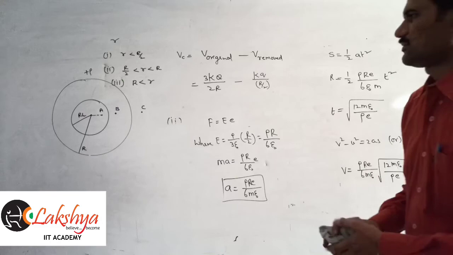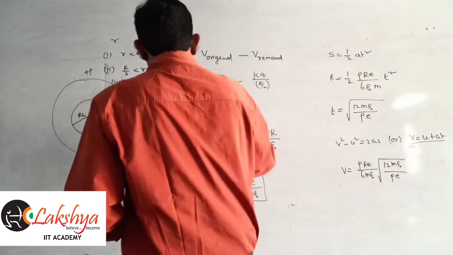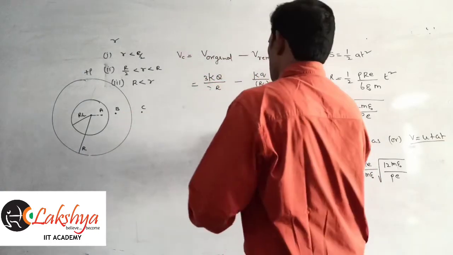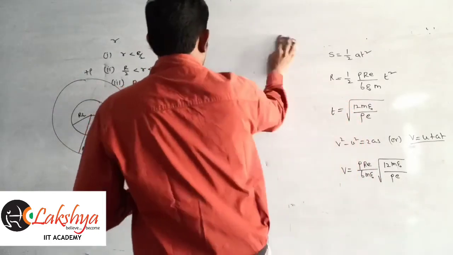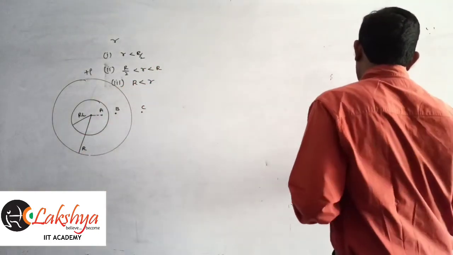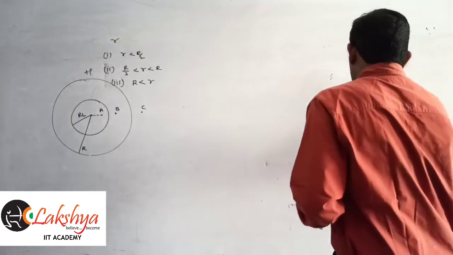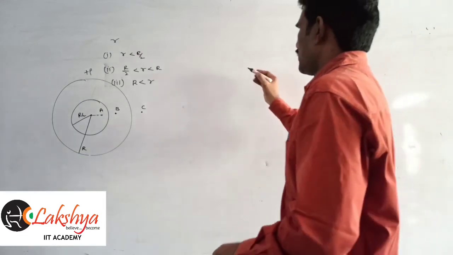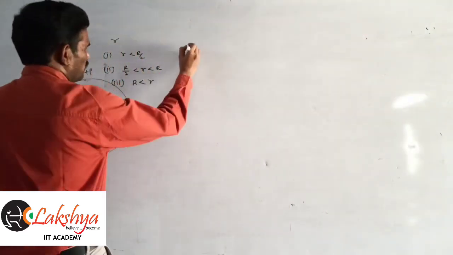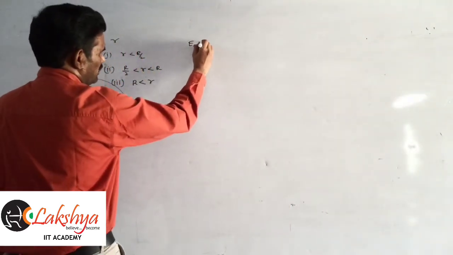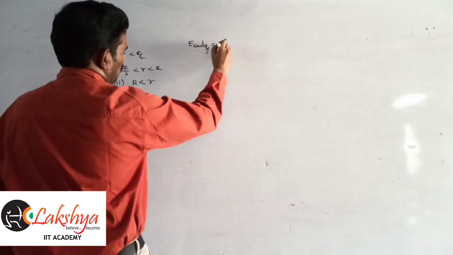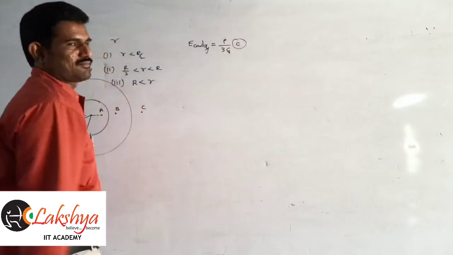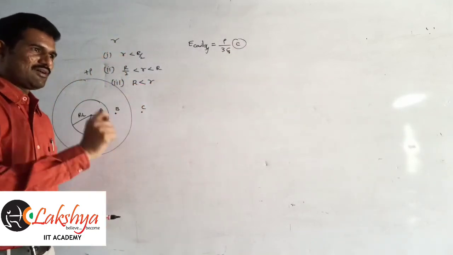Either you can apply our formula for the cavity that we derived, or generally also you can say. If you apply that formula for the cavity, our formula is rho by 3 epsilon naught into c, right? Our formula is intensity of electric field inside the cavity is rho by 3 epsilon naught into c, where c is the distance of the center of the cavity from the center of the sphere, right?